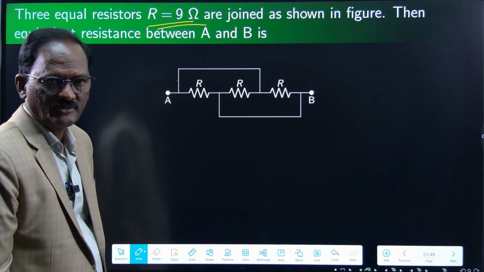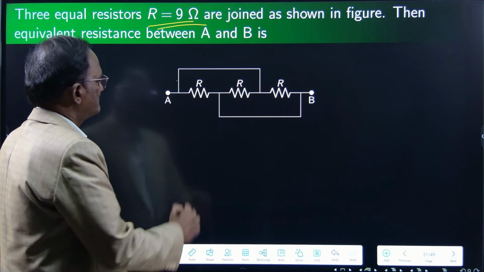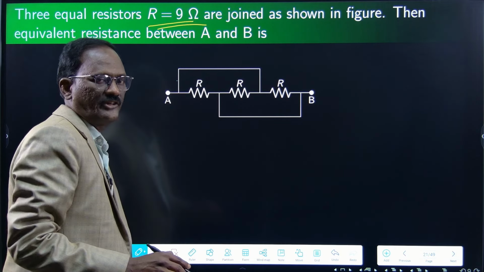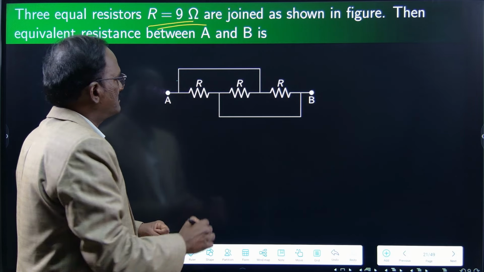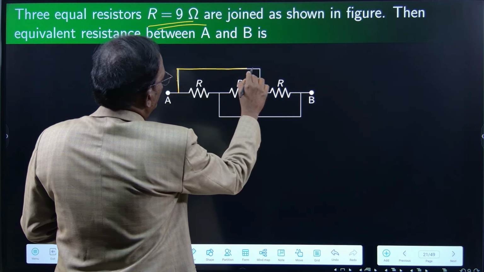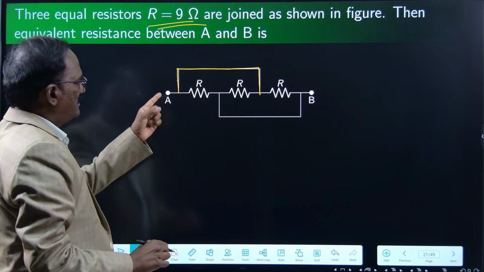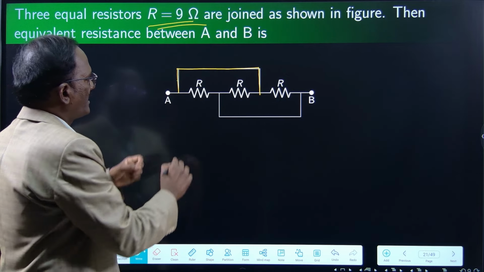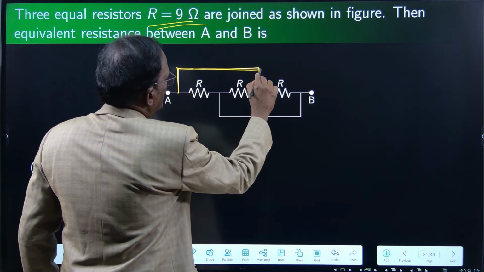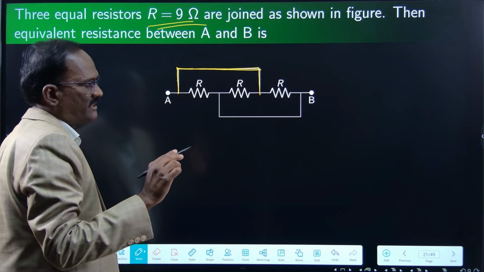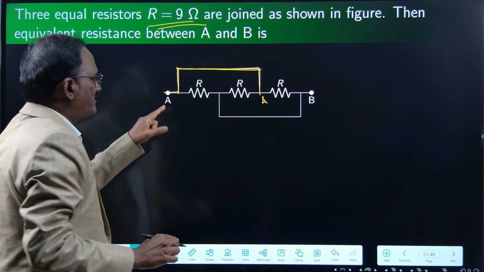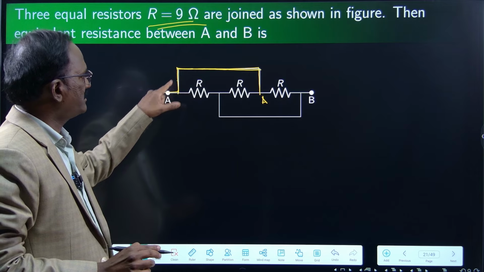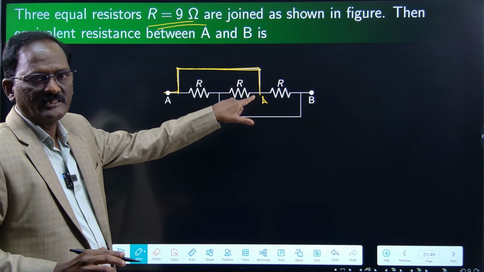In such problems, we have to redraw it again. What I have told you, short circuit is a junction. This is a short circuit. If A is available, along the short circuit the same potential is available. So this is also A. Whatever the potential available at this point, the same potential will be measured here.